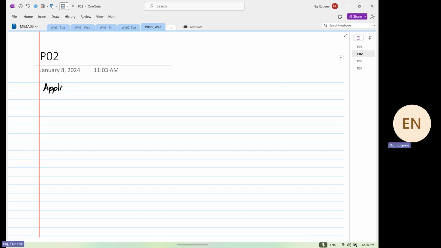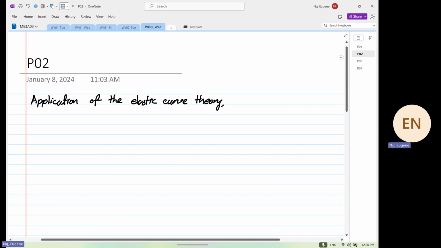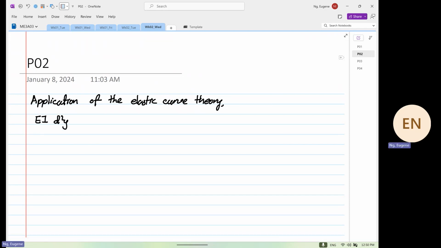So the equation of the elastic curve theory is EI d squared y over dx squared is equal to M. Now I want you to consider where you have dV over dx is equal to minus omega as a function of x.